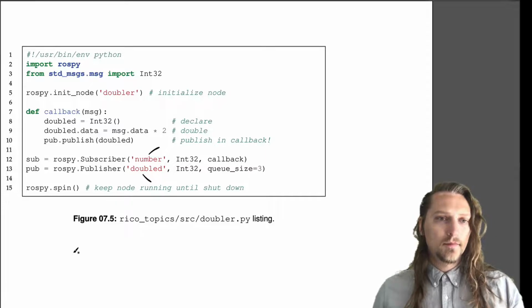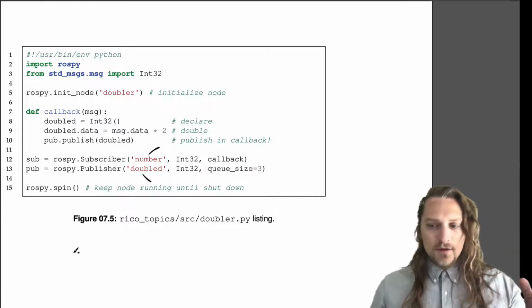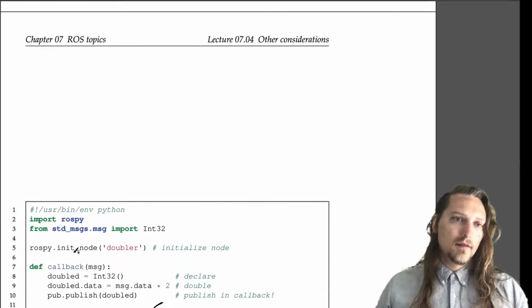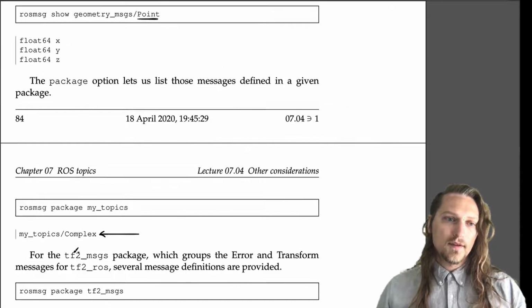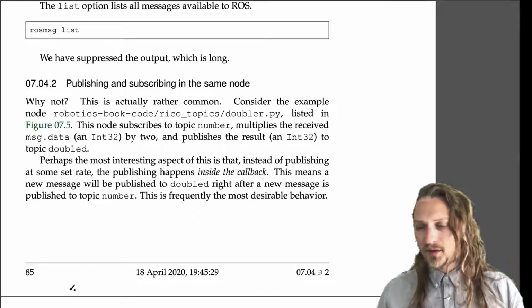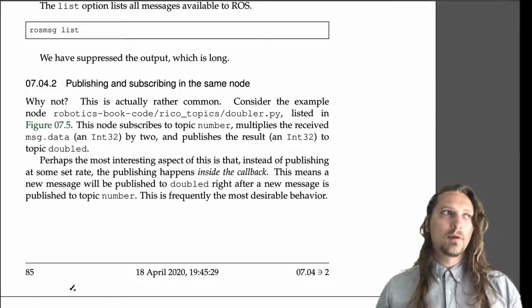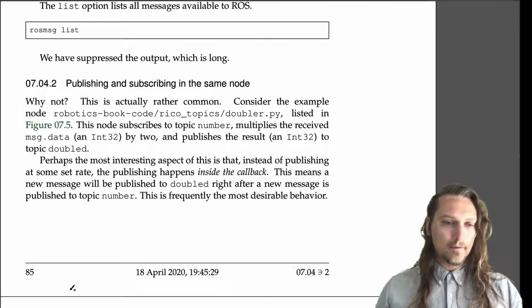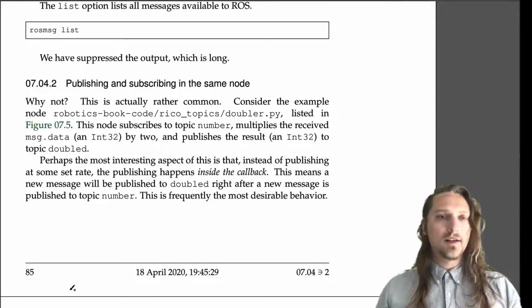Otherwise, using the rosmsg command up here was one thing I wanted to cover, and then also publishing and subscribing in the same node. So that's all we've got for ROS topics, and we'll now move on to the next chapter.